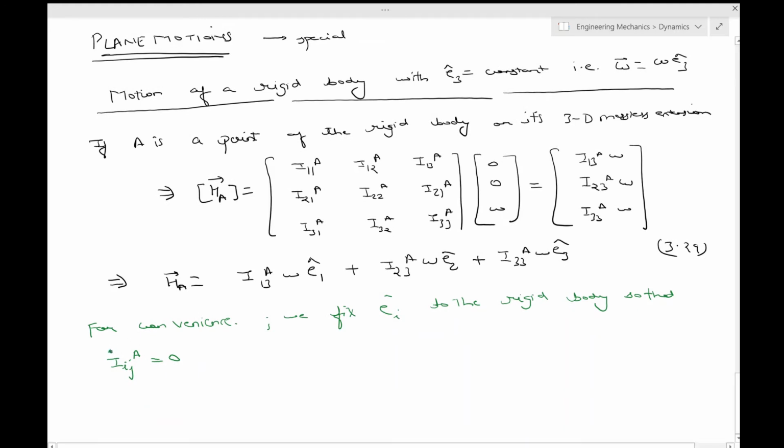So you should know just by looking at this where we are going. If you take a time derivative of this, then it is equal to MA, and automatically if you take the time derivative of this, you would require time derivatives of all of these terms. So that's where we are heading towards. I think you should get a clue. So if you fix your coordinate axis in such a way that the change of inertia tensor about A is 0.